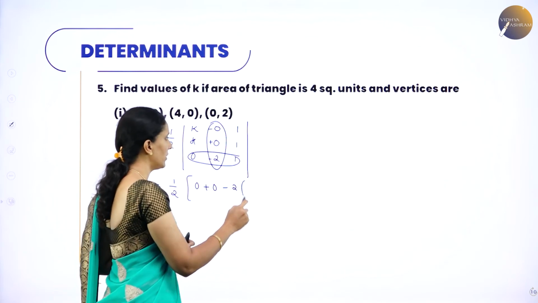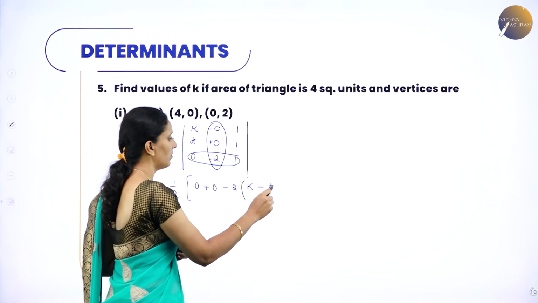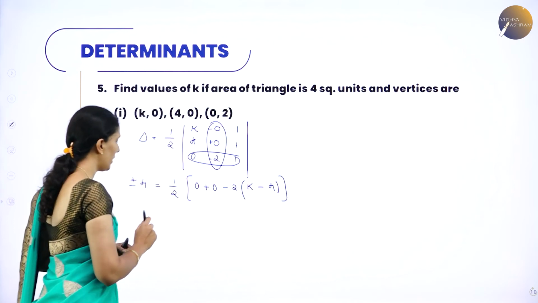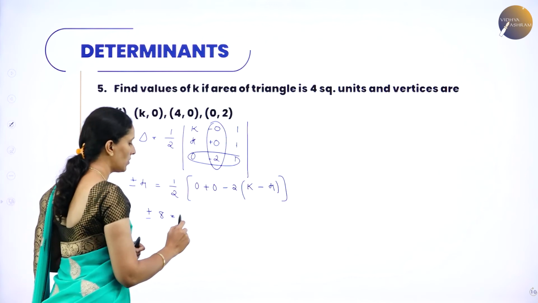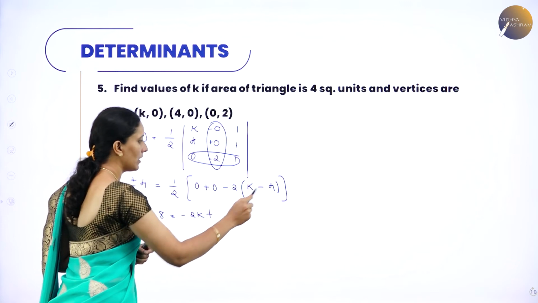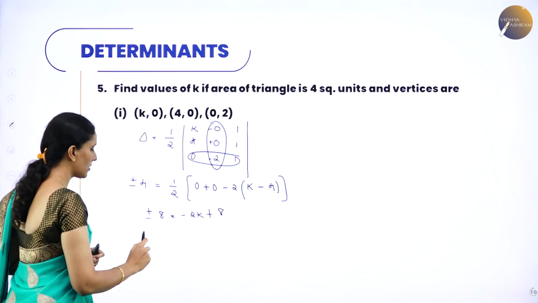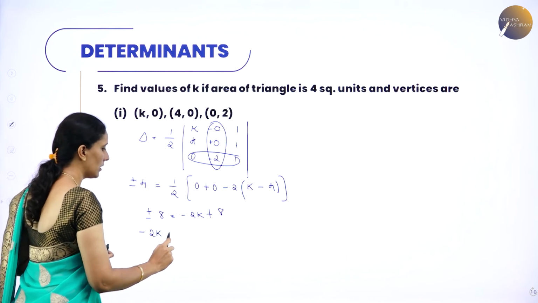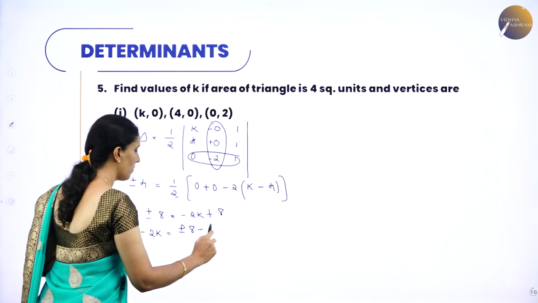So, it is 2 into (K minus 4), 1s are K, 1s are 4. Now, here it becomes plus or minus 8 is equal to minus 2K, minus into minus plus, and here it becomes 8.